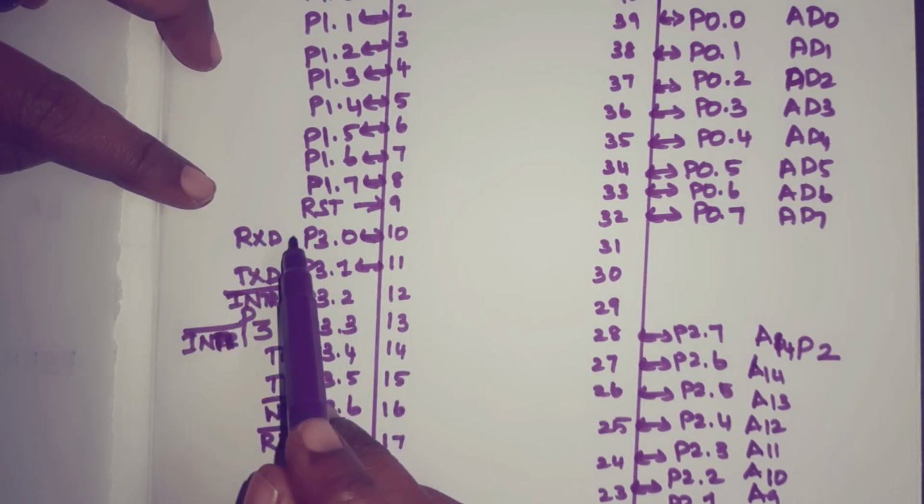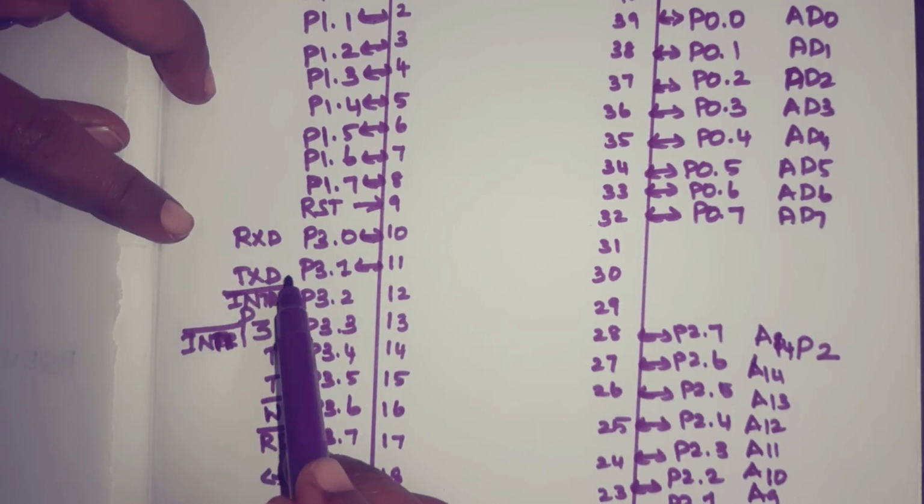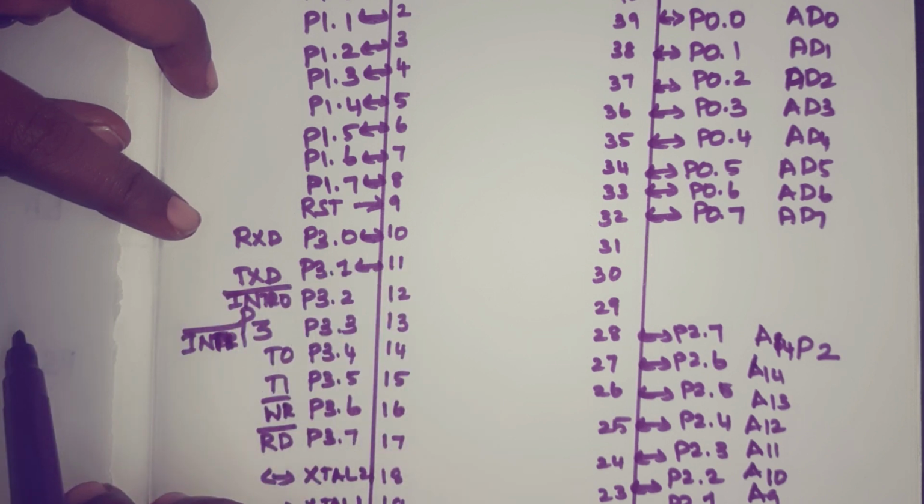Through this pin, your microcontroller receives data from the peripheral, and TXD transmits data from the microcontroller to the peripherals.